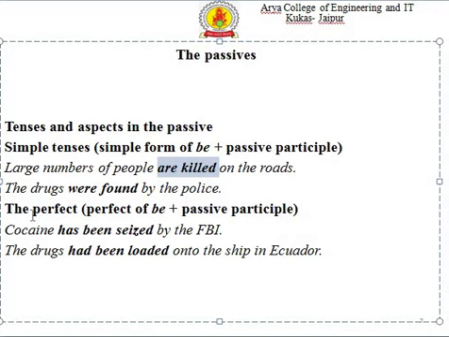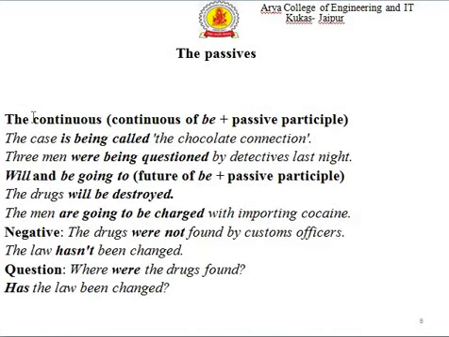Then the perfect. I have only taken the passives. Cocaine has been seized by the FBI. The drugs had been loaded onto the ship in Ecuador. Now we see the continuous forms. The -ing changes into being, and the main verb again takes the third form, or the past participle form, and it is preceded by a suitable form of be.